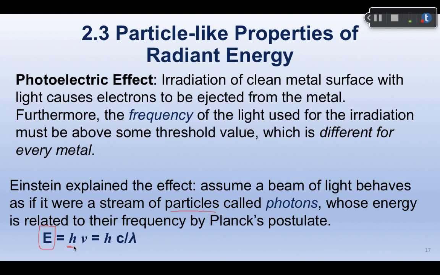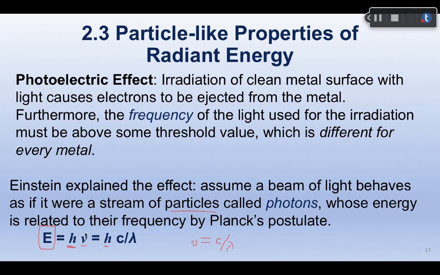is equal to Planck's constant, which looks like an italicized h, times nu, the frequency, or h times c over lambda, because nu, if you had not seen this before, or if you forgot, is equal to c divided by lambda. Leads to a really bad physics joke. In other words, what's nu? C over lambda.